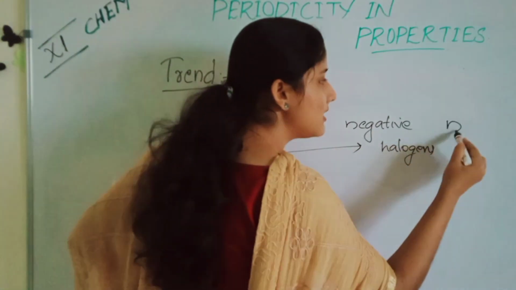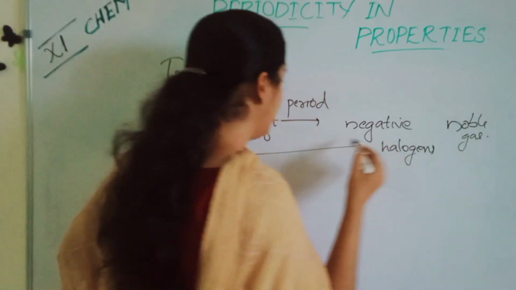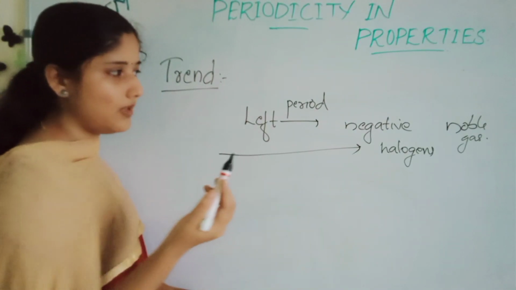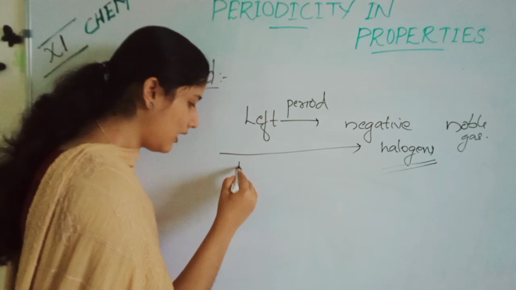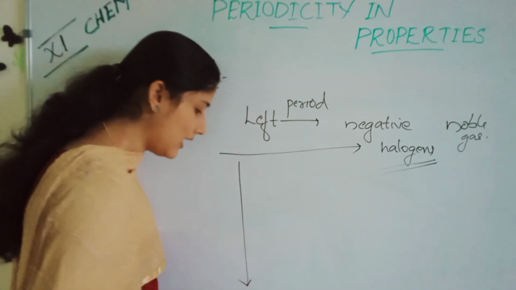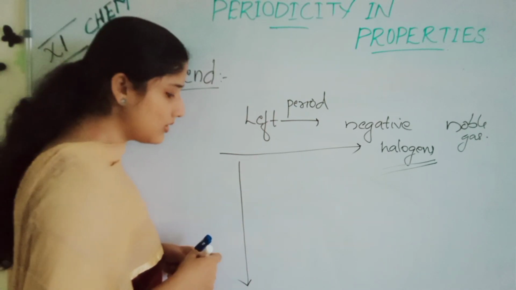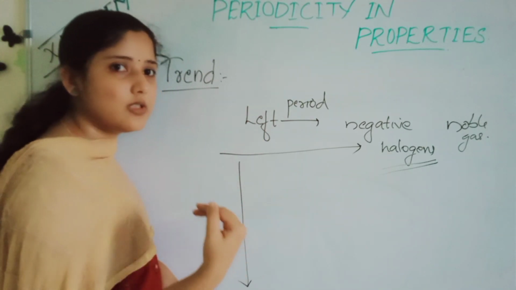For noble gases it will be positive. It is highly negative for halogens. As we come down the group, new shells are added, so it will become positive as we go down the group.